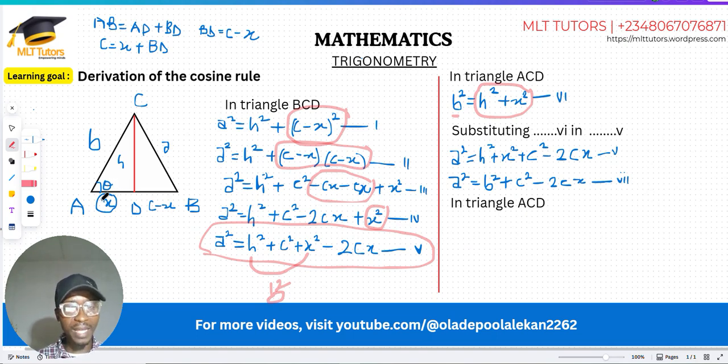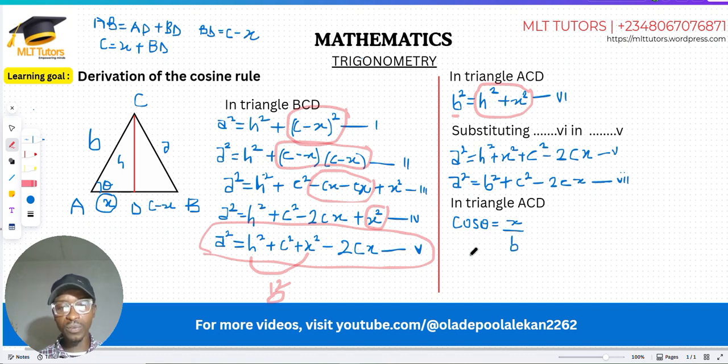So cos theta equals adjacent, x, over hypotenuse, which is b.